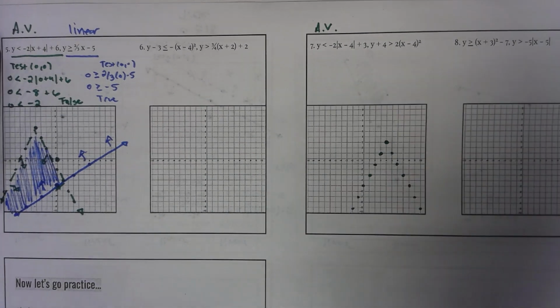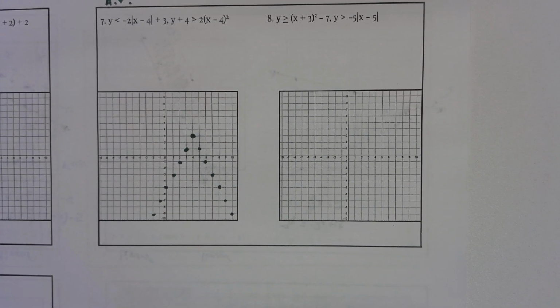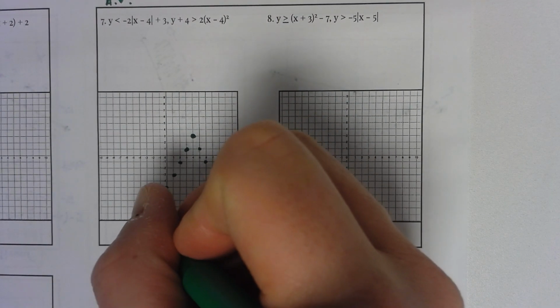Okay, for this absolute value graph, I'm going to connect the points using a dashed line because it is just less than.